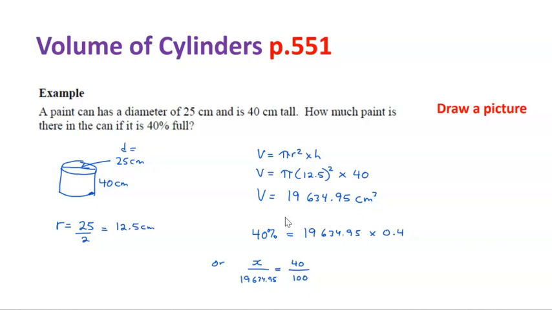Either way, you're going to be calculating 40% of that volume. I'm going to go ahead and do the decimal multiplication. And so we come to 7,853.98 cubic centimeters if that paint can is 40% full.